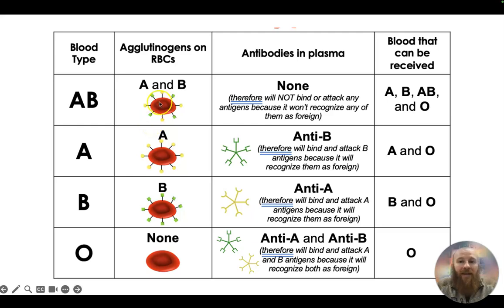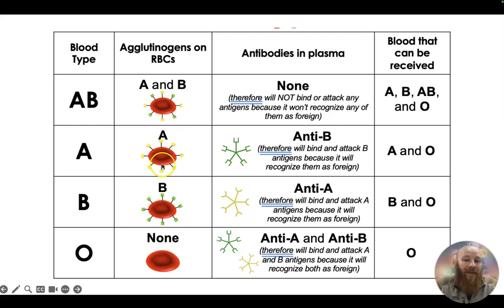And so basically, because you have both A and B antigens on that surface, you're not going to create any antibodies to attack anything that's other. You have the two that you need. So if you have type A blood, this is going to mean that you only have those A antigens.